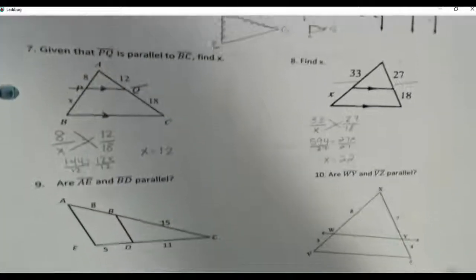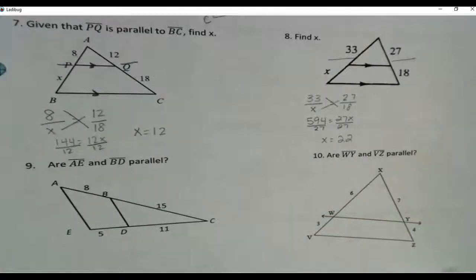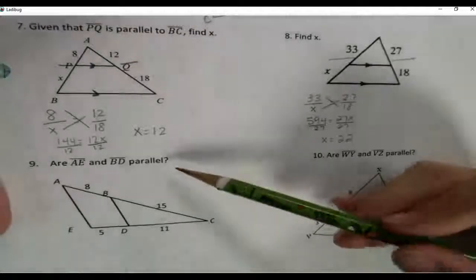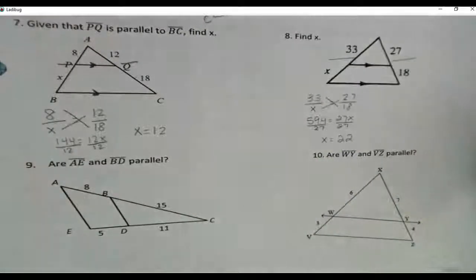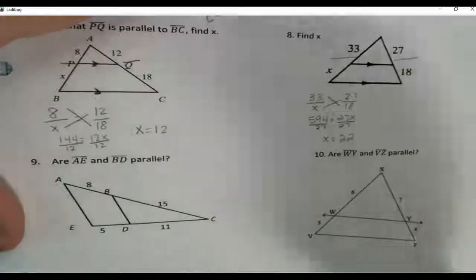Alright, let's look at the last one. For the last ones, we don't know that they're parallel. We want to know if they're parallel. If they are parallel, then that means the sides are going to be proportional. So we just want to see if they're equal like what we did yesterday.